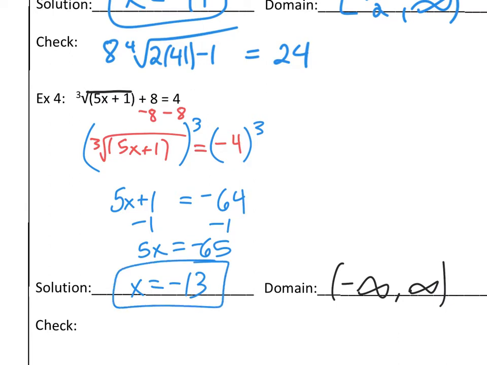Then if you check that in your calculator, what is 5 times negative 13? Negative 65 plus 1 is negative 64. If you cube root that, you should end up with negative 4 plus 8, which should be 4. So good deal. Questions on that? All right.